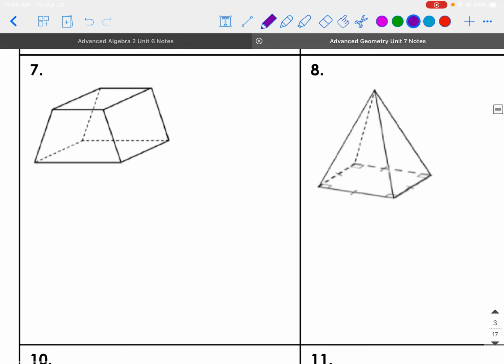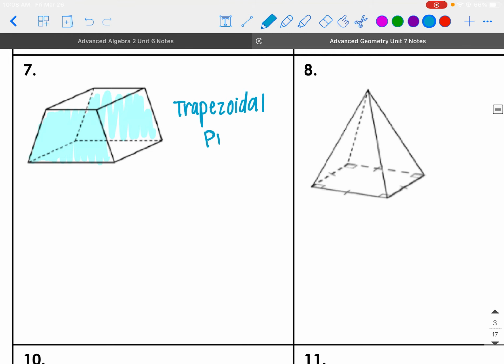Number 7, this one was a little tricky. Your bases are not the top and the bottom. No, those are not the same size. Your bases are these trapezoids. So it is a trapezoidal prism.